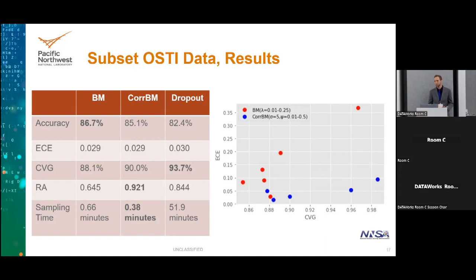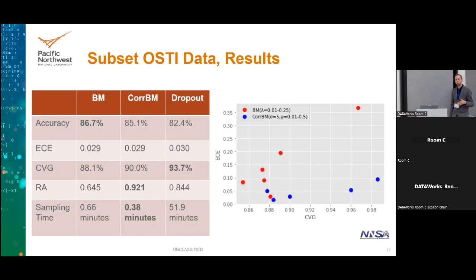And of course, computational efficiency is where it proved its worth even further. Something like MC dropout, while it was good, had a training process that took on the order of an hour, as opposed to less than a minute for correlated belief matching. The other thing we notice, when you look at the plot and compare belief matching versus correlated belief matching, is the stability.